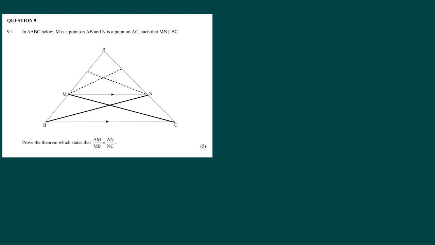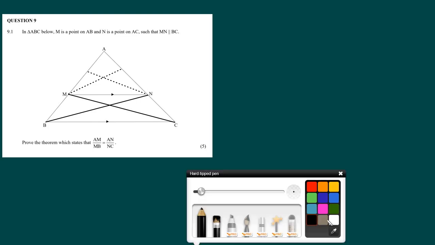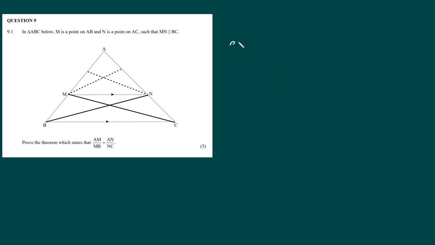Then you remember, you're going to say the area of triangle AMN over the area of, I said AMN because it's AM here. Then I say the area of triangle, remember, MB. So I already write MB. And then I must just say MBN, right?